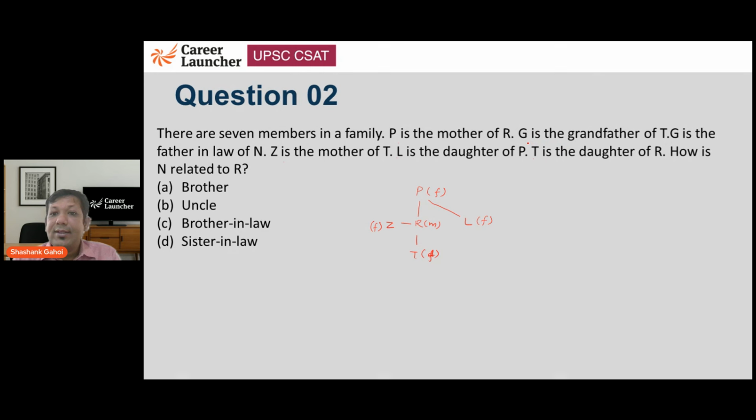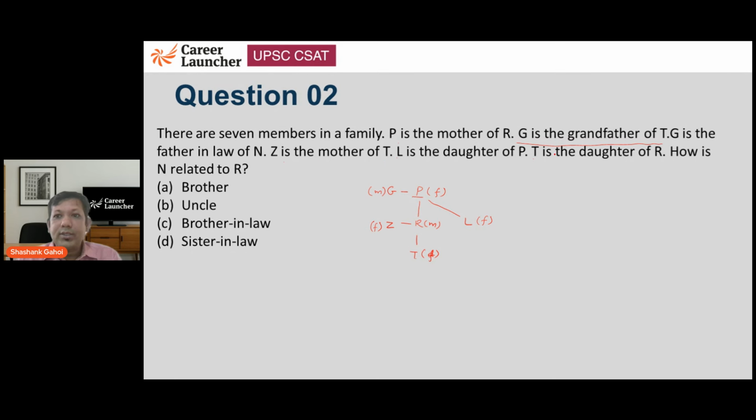Now what does it say? G is the grandfather of T. Okay. So T का जो grandfather है वो कौन है? वो G है. तो अगर इस चेन के हिसाब से देखें, P is the grandmother of T, and G is the grandfather. Grandfather means male. It means G and P should be a couple.